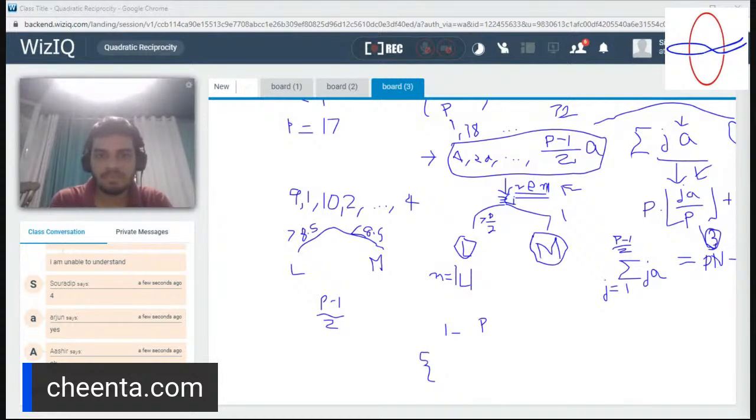And we had proved, in fact, that if you take all the numbers p minus Li, and if you take all of the Mi's, then this would be equivalent to a set from 1 all the way up to p minus 1 by 2.